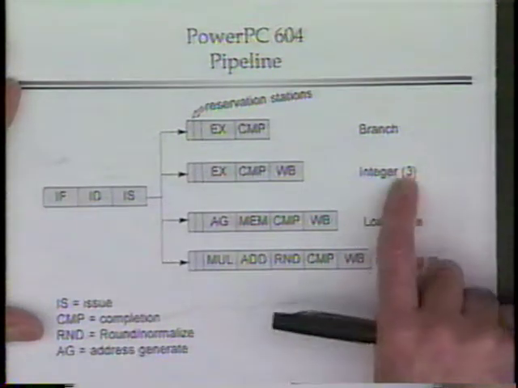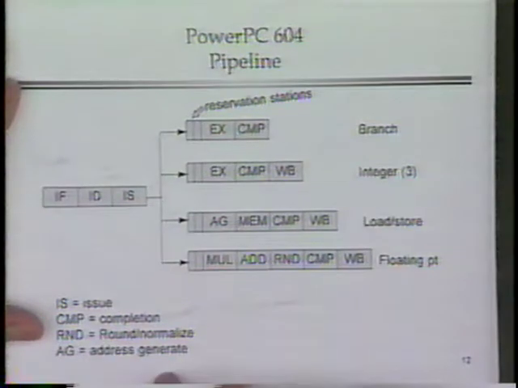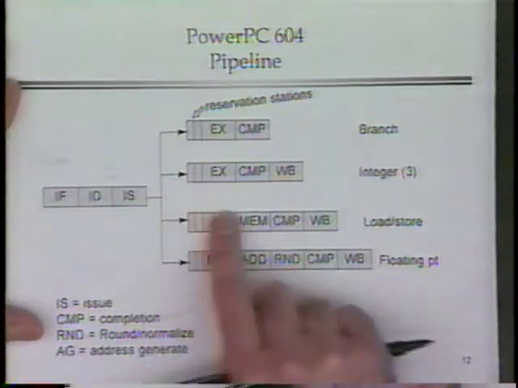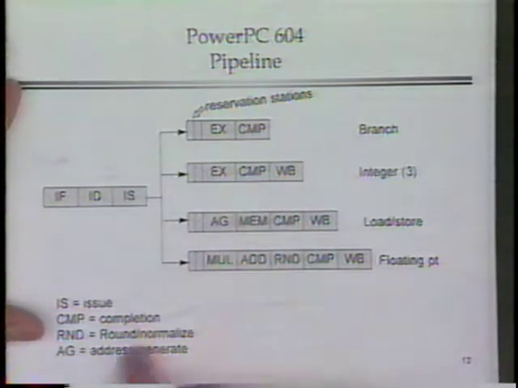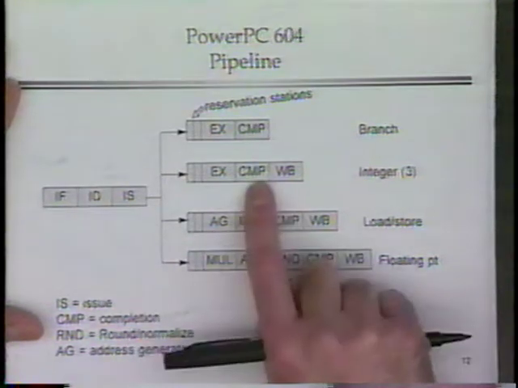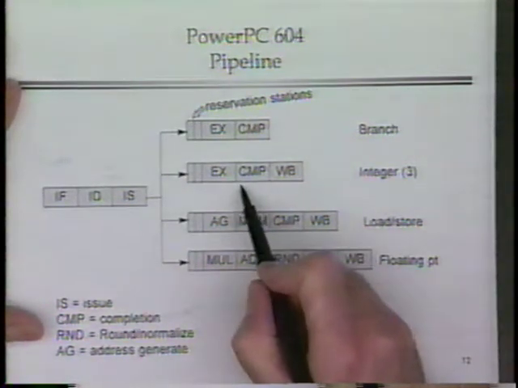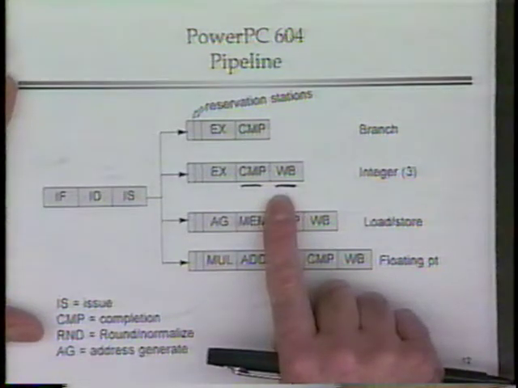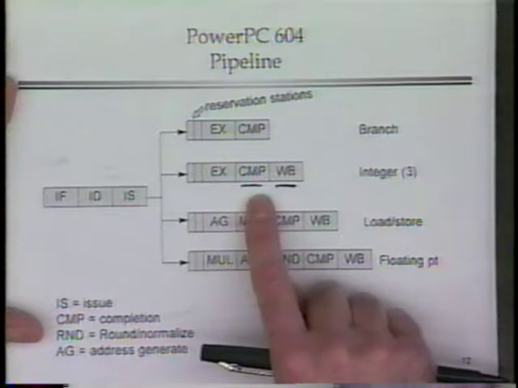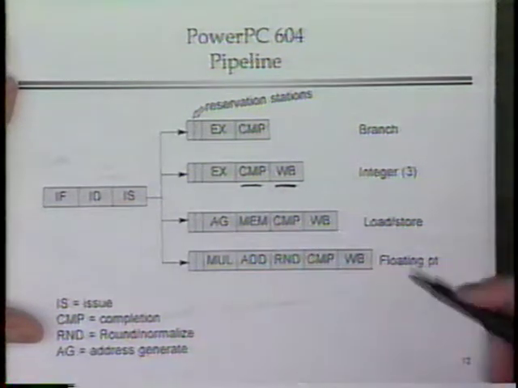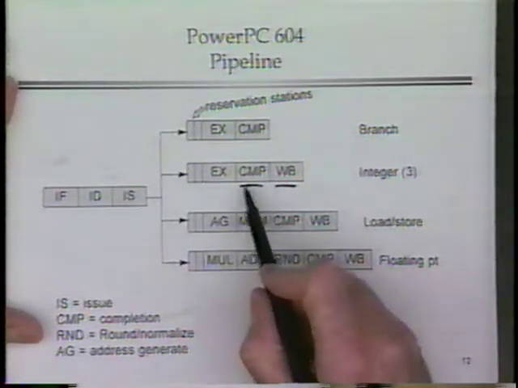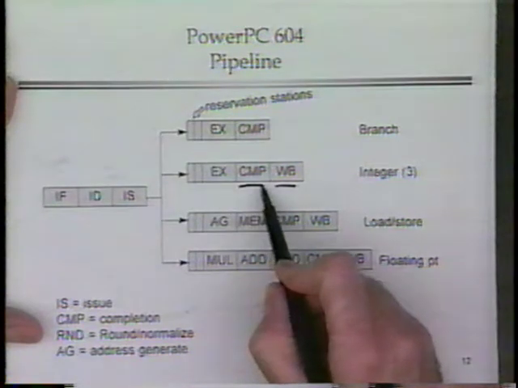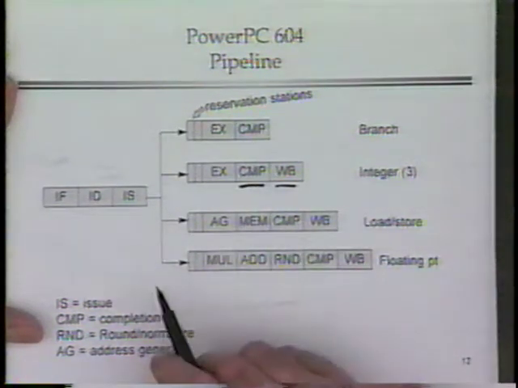The integer functional units, of which there are 3, 2 simple ones and 1 complex one, have an execute stage, a completion stage, and a write-back stage. In some ways, the completion stage and the write-back stage are very similar. In fact, during both stages, they can be writing results back to the register file or actually the reorder buffer. And if there are ports available, then the result can be written back during the completion stage.